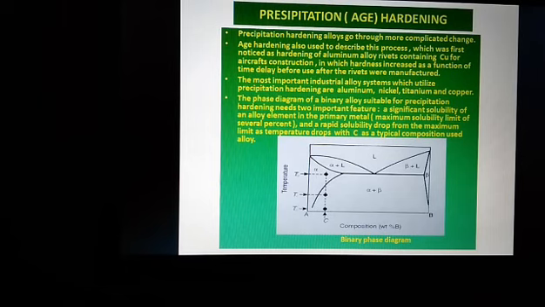The most important industrial alloy systems utilized for precipitation hardening are aluminum, nickel, titanium and copper.